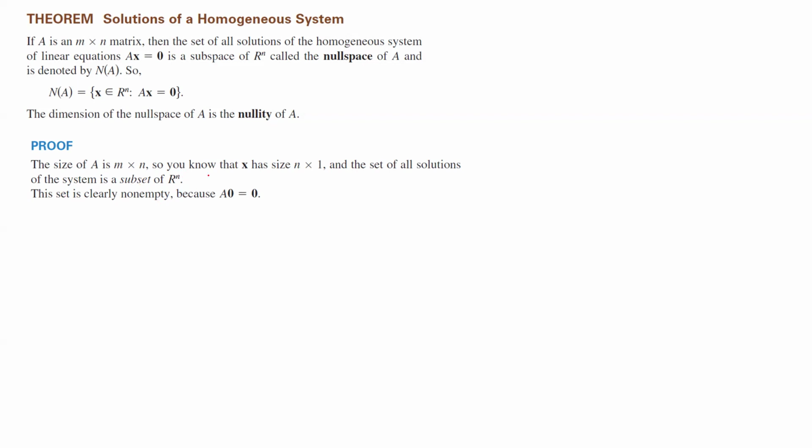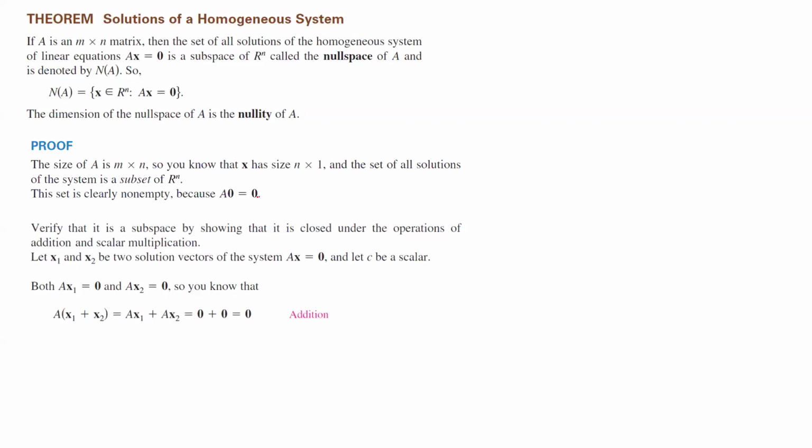Why is that? Because the 0 vector satisfies the equation A times 0 is 0, and on the right-hand side, you have the 0 vector. We can easily verify that it's closed under addition and also scalar multiplication. Suppose you have 2 vectors that are solutions of AX equal to 0. So it means that AX1 is equal to 0, AX2 is equal to 0.